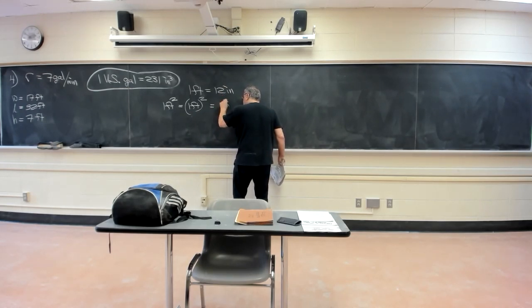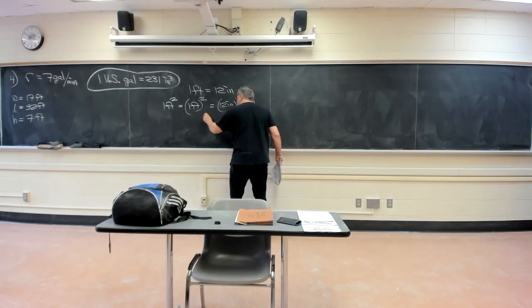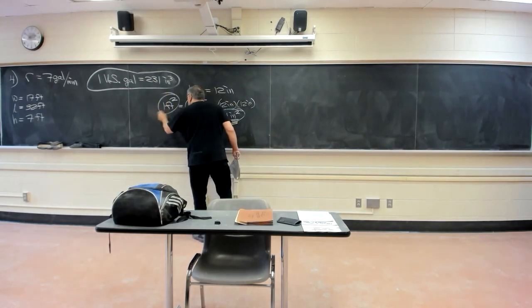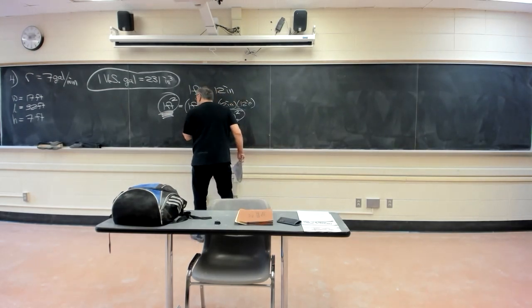You're going 12 inches by 12 inches. You're getting 144 square inches. You've got this so far.